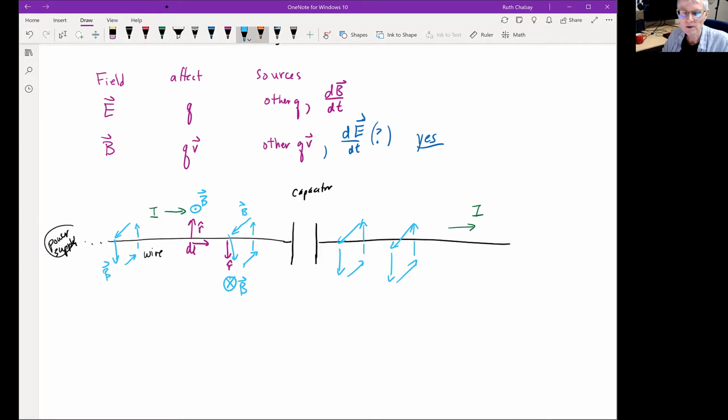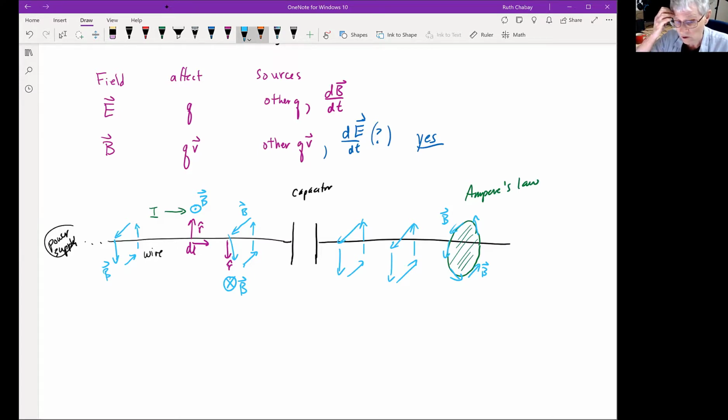And so we want to make sure our mathematical description of this is right, and we can use Ampere's law here. So we could draw a path, a circular path around the wire. And we consider the surface inside here. And we know that the magnetic field is going to be curling around this path.